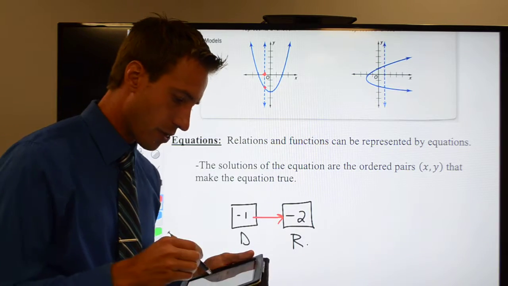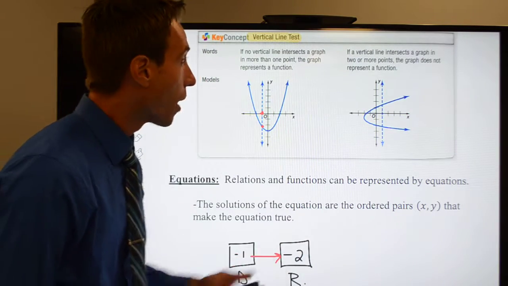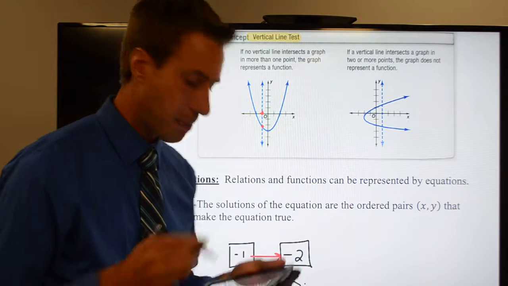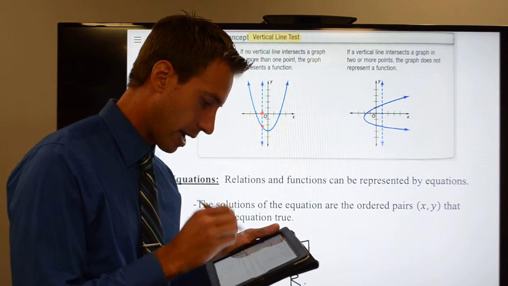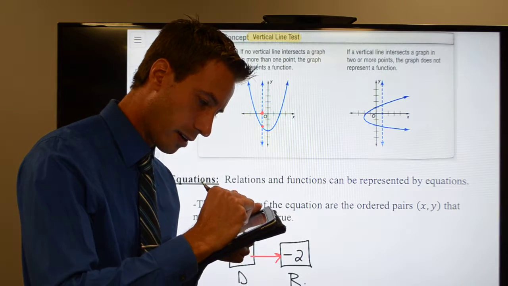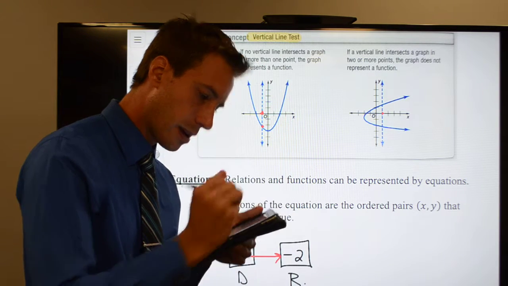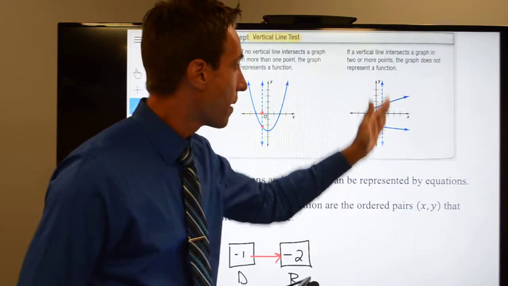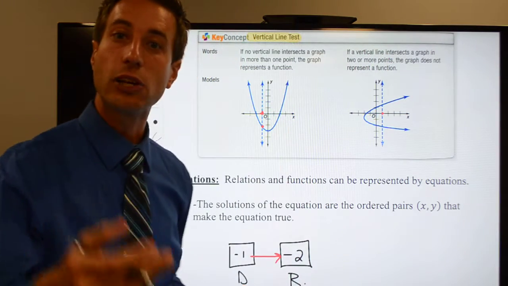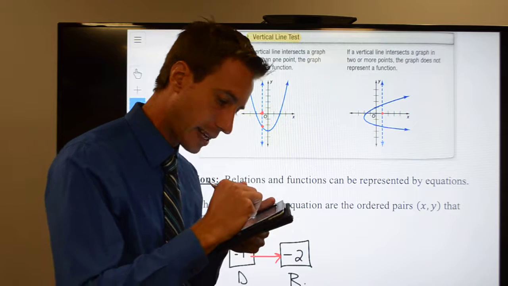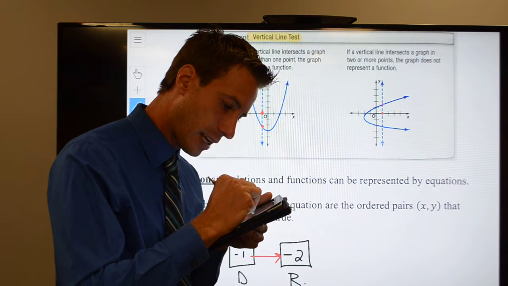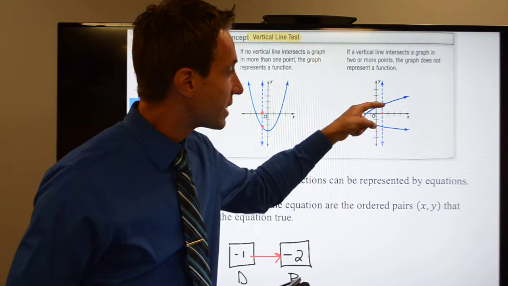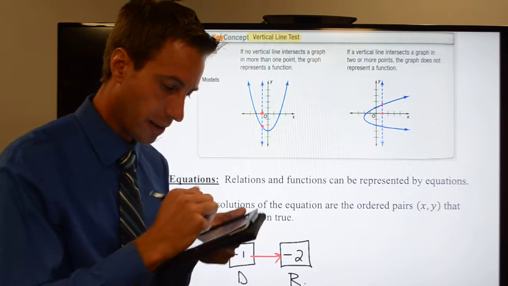Let's check the other one though. Well, on this one, now I am at the domain value of a positive 1. My vertical line has been drawn right here at positive 1. But when I draw my vertical line, it actually crosses the graph twice. It crosses right here, which if you look closely on your notes or on the screen, looks like it's at a positive 1.5.